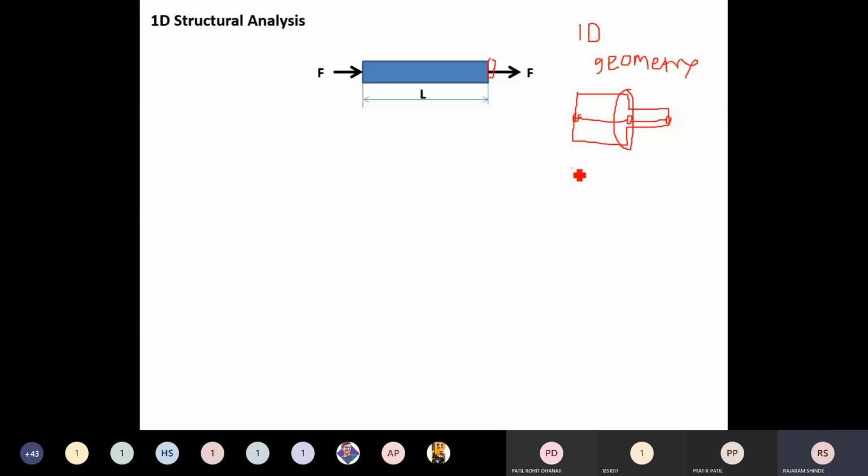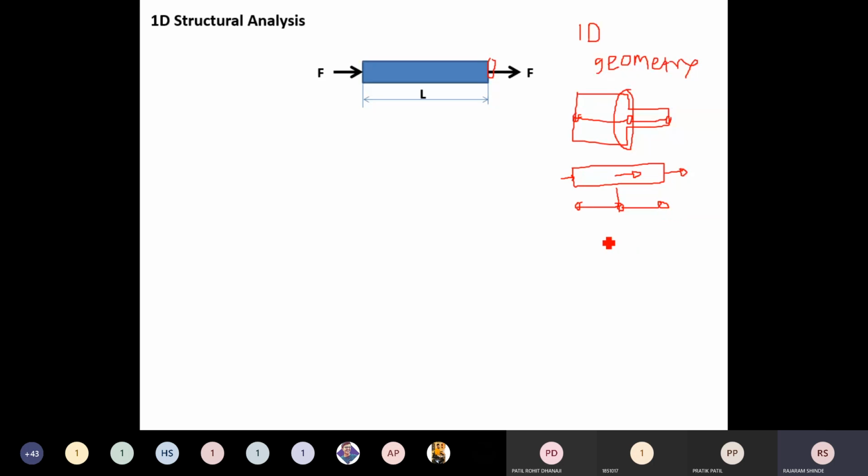Next, if the problem has the same geometry, but loading is changing suddenly, at this location there is some load, at this location you have extra load, and at this location you have a third load. Here geometry is constant, uniform, but loading is changing suddenly at this location. So you use one element up to here for the first part and a second element up to here for the second part.